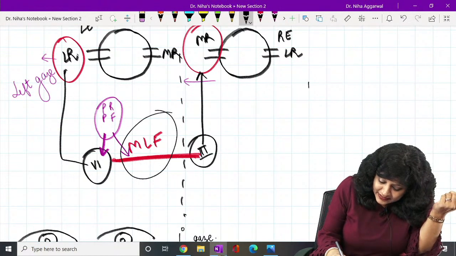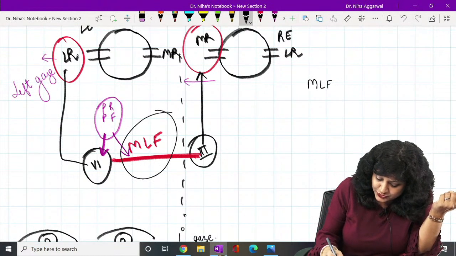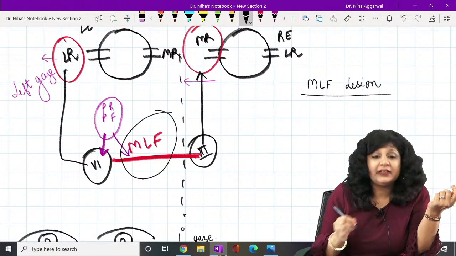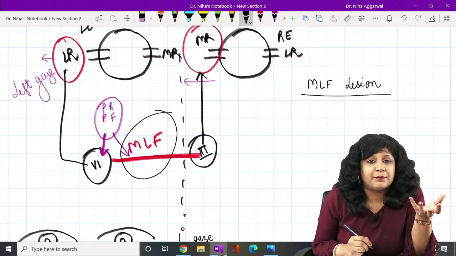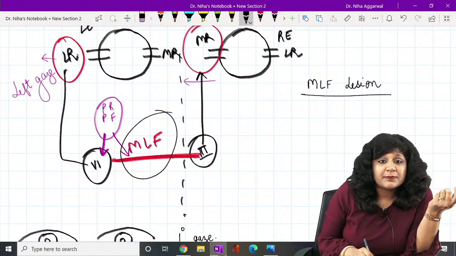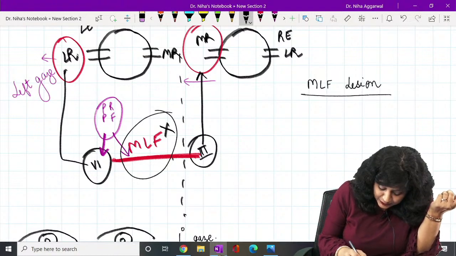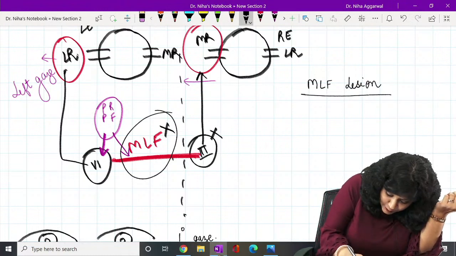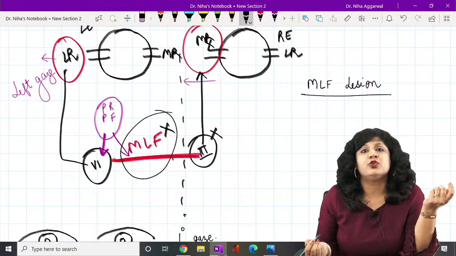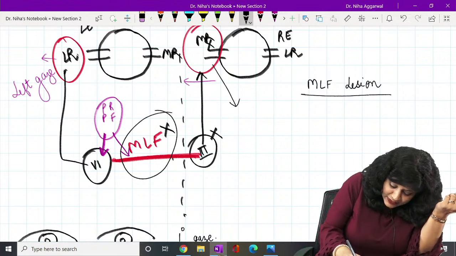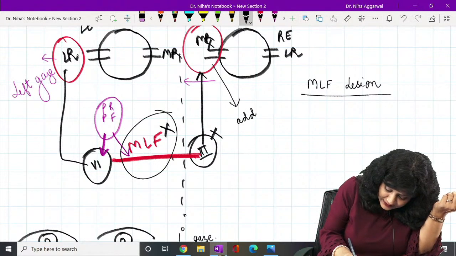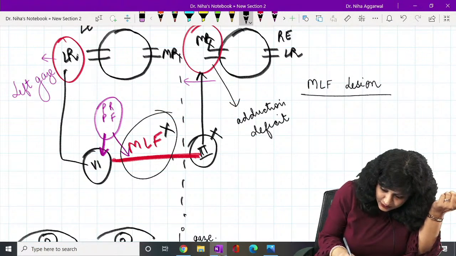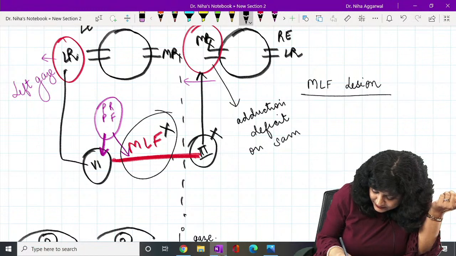Suppose there is an MLF lesion. If there is a problem with the medial longitudinal fasciculus, it will not send innervation to the third nerve, and therefore the medial rectus is not able to move. So this eye will show an adduction deficit on the same side.